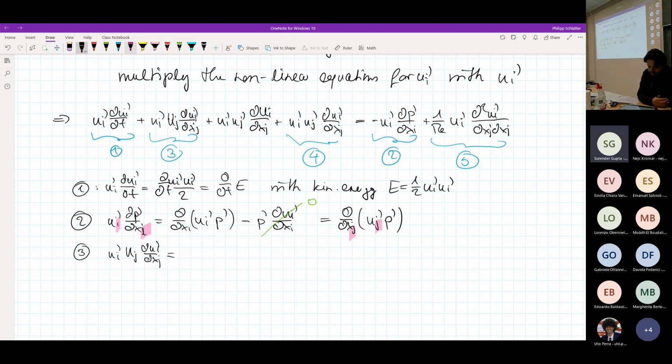And also here we can do something, namely we can put the ui prime into the derivative in the same way as we did before. And the big uj we leave outside, so we have uj times d of ui prime prime dxj. There should be a 1/2 somewhere. There it is.